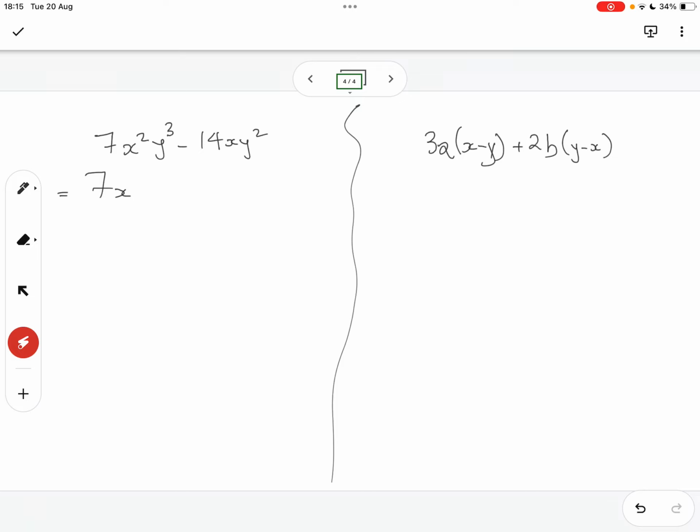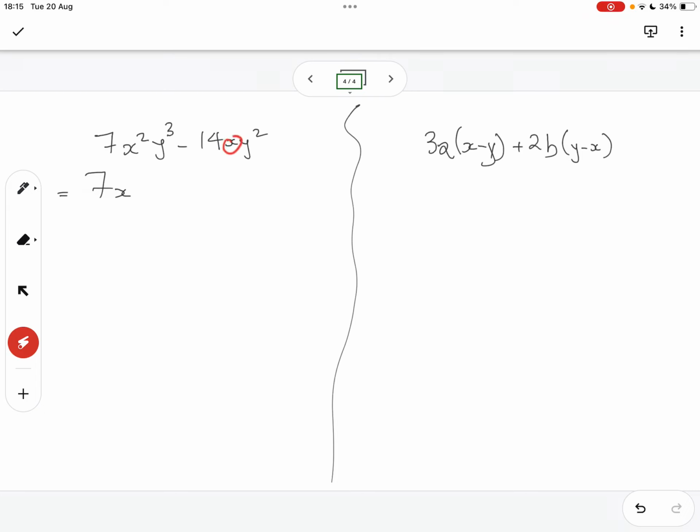The same way we think about the 7 and the 14, not necessarily the one with the highest exponent, not necessarily the largest number, no, but the factor that when we multiply back, we will get that. So think about it again.